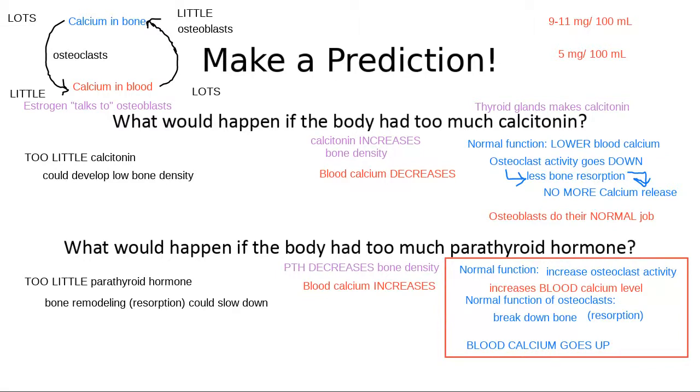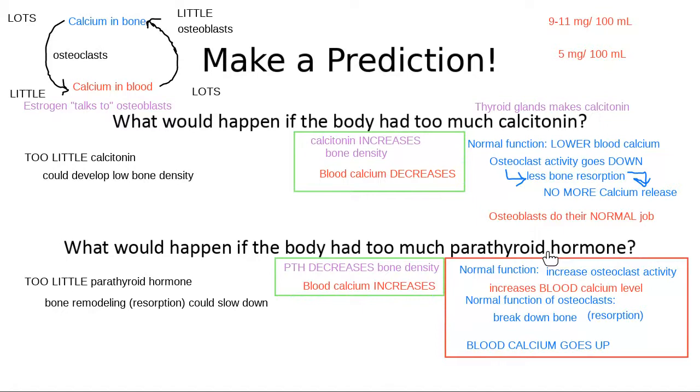Ultimately, the answer to our actual question, what happens when I have too much of these things, right here, highlighted in green: my bone density would increase if I have too much calcitonin. My blood calcium would decrease. And the opposite down here, I would decrease the bone density I have and increase the amount of calcium in the blood if I have too much parathyroid hormone.